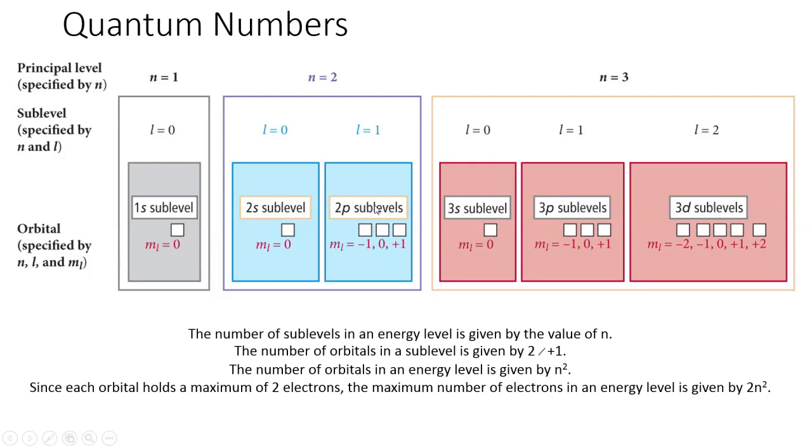In a similar fashion, if we look at the n equals 3 energy level, 3 squared is 9. There is 1 3s orbital, 3 3p orbitals for 4, and 5 3d orbitals. 5 plus 3 plus 1 gives us 9 orbitals in the n equals 3 energy level.